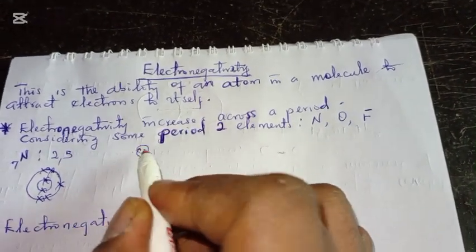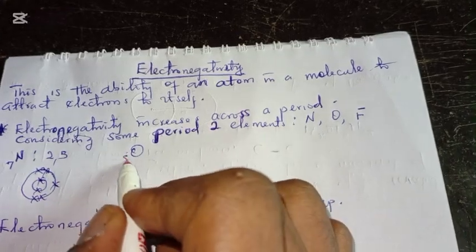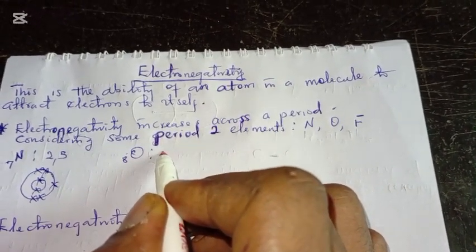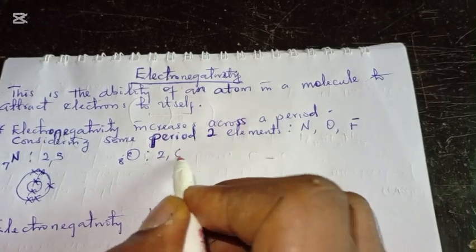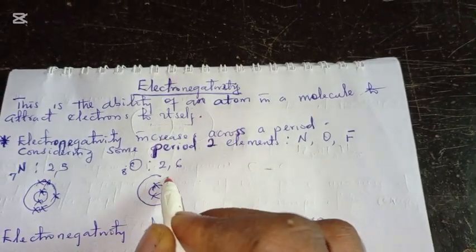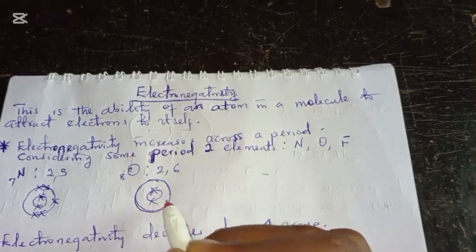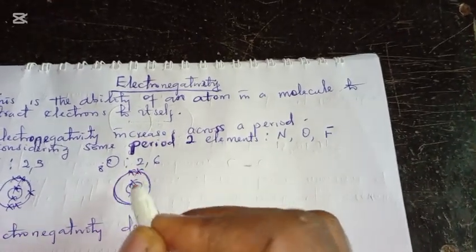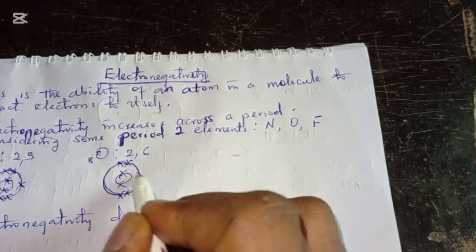What about oxygen? Oxygen has atomic number of 8. On that note, the electronic configuration with respect to shell diagram is 2, 6. So we have 2 shells as well. Remember, the number of shells drawn actually depicts the period an element belongs to. So we have 2, 2, 2.